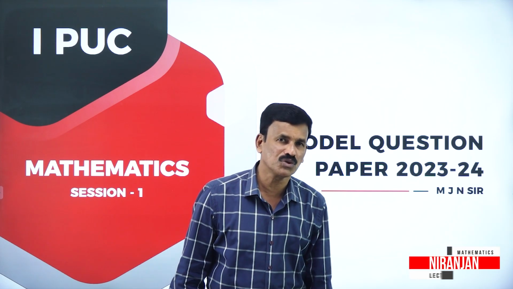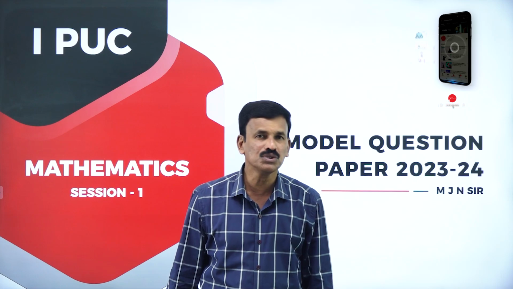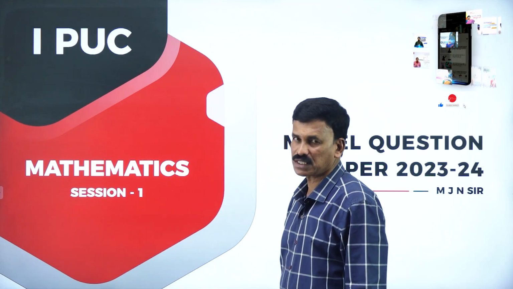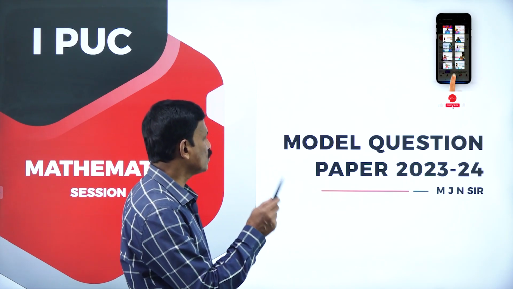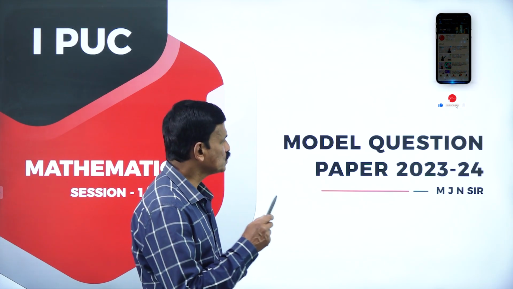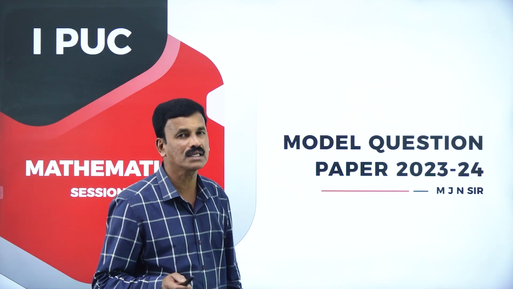Today in this session, I am going to discuss the model question paper and the solution for first PUC mathematics. So, today I am going to discuss the model question paper for the 2024 final examination for first PUC mathematics.